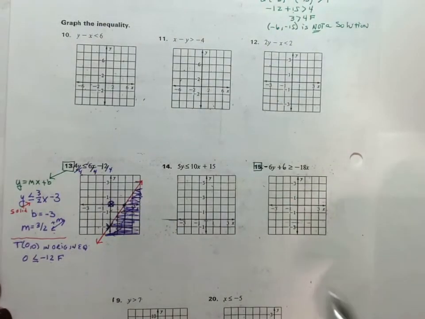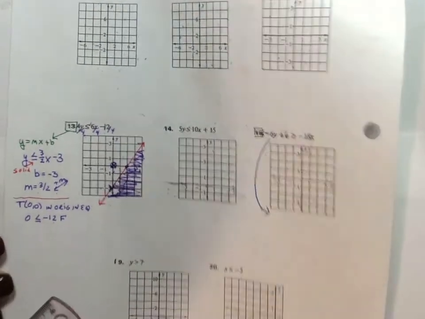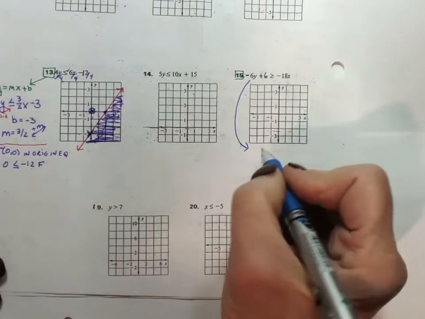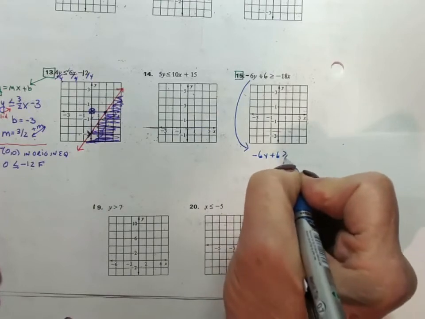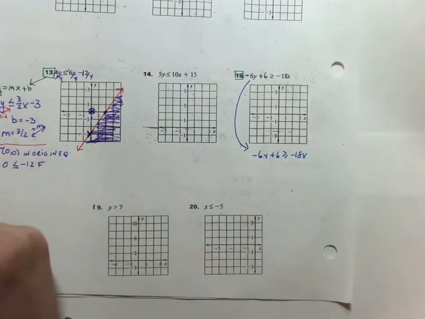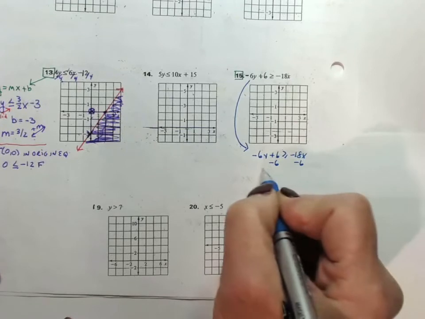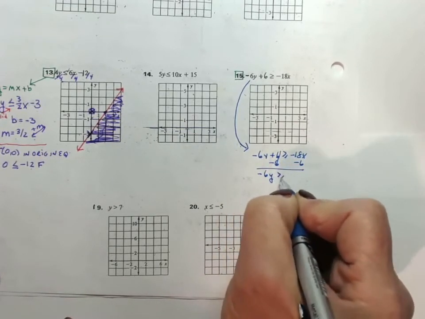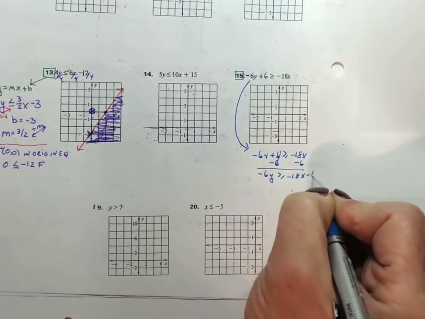Now, this one is a very good one to review. Number 15. I have negative 6x plus 6 greater than or equal to negative 18x. Again, I want it into y equals mx plus b. I subtract 6 from both sides. I get negative 6y is greater than or equal to negative 18x minus 6.